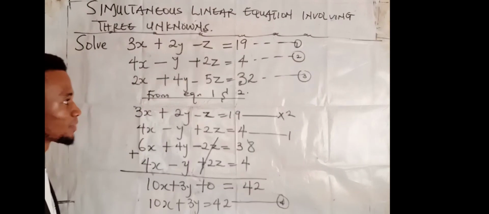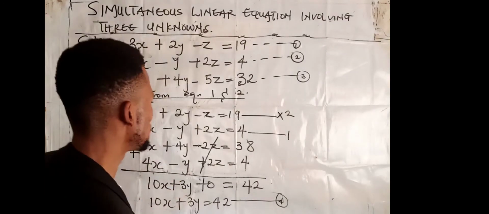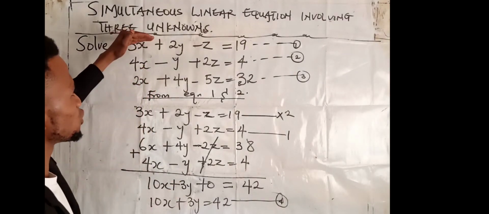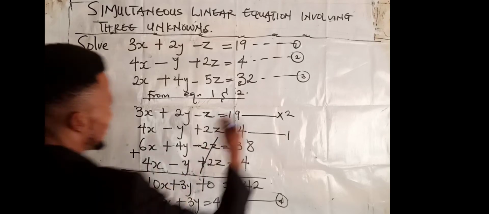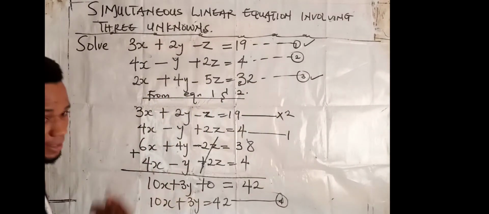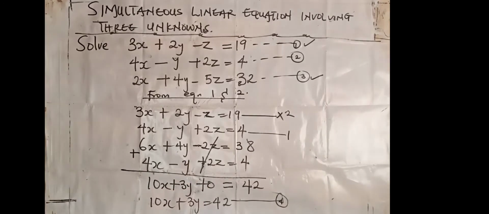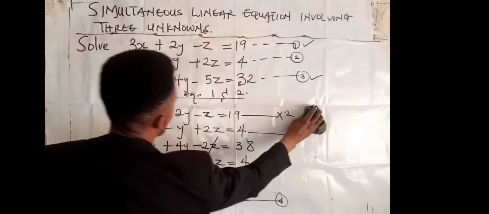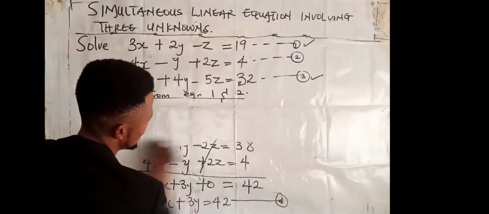Very simple. The next thing to do now is that I am going to pick equation 1 and 3. Picking equation 1 and 3, I am going to have something like this.